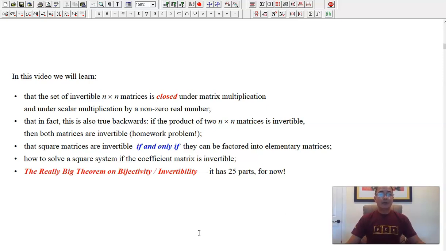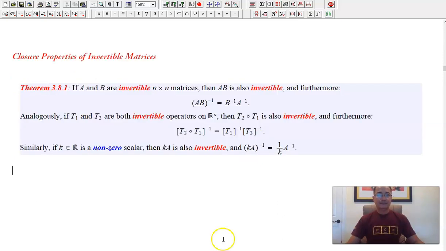And we will tie them all together in what we call the really big theorem on bijectivity and invertibility. As of now, it has 25 parts, and we will be adding 2 or 3 more conditions in the next few videos.